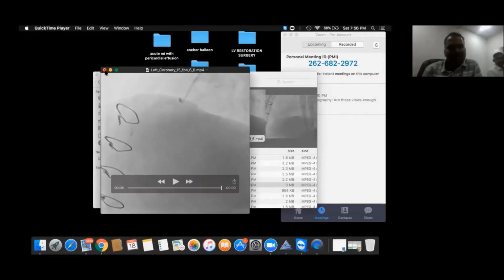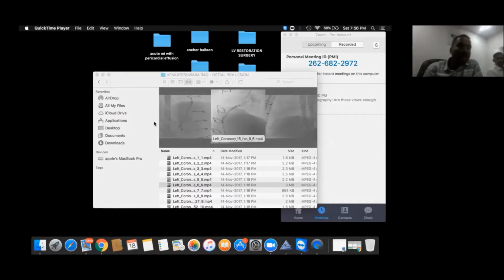Unfortunately, I couldn't play the IVUS for you. IVUS clearly showed the stent is ending 4 millimeter beyond the ostium. So the ostium is not covered at all. The minimum lumen area of the ostium is, I think, around 1.9 millimeter square. So this clearly says we missed the ostium in the first stenting, right?